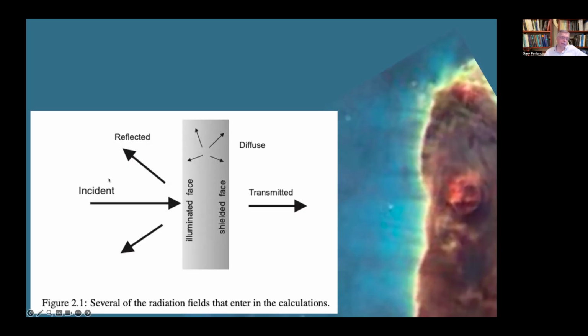The reflected continuum, the reflected SED, is counted in this jargon as any light that comes back in the 2 pi steradian of the illuminated face of the cloud. So anything that comes back in this direction. This would include part of the diffuse emission from the cloud. It could be part of the incident radiation field that backscatters off dust.